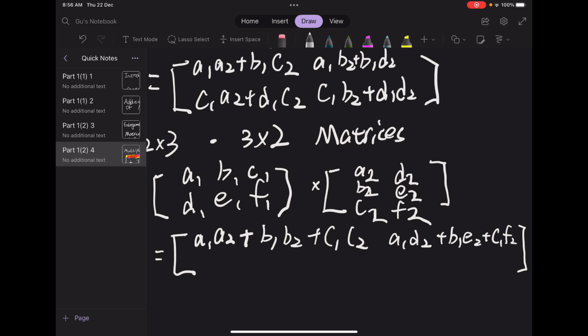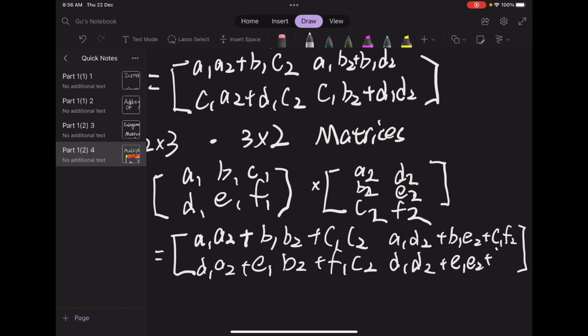And in the second row is going to be D1, A2 plus E1, B2 plus F1, C2. And then D1, D2 plus E1, E2 plus F1, F2.